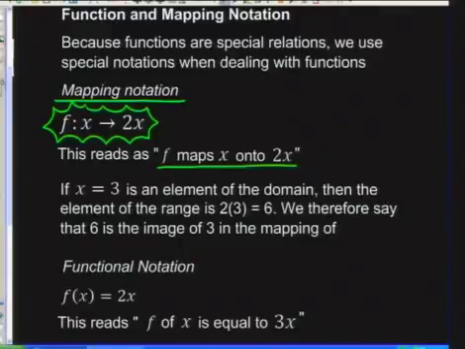So if x is equal to 3, an element of the domain, remember your x values are your domain, then the element of the range, remember the range is the y values that came out, is going to be 2 times 3. Remember that obviously the 3 had to get substituted into the x. And obviously what we get there is 6. So we say that 6 is the image of 3 in the mapping of that relation.